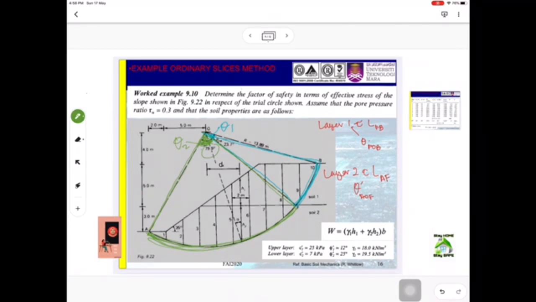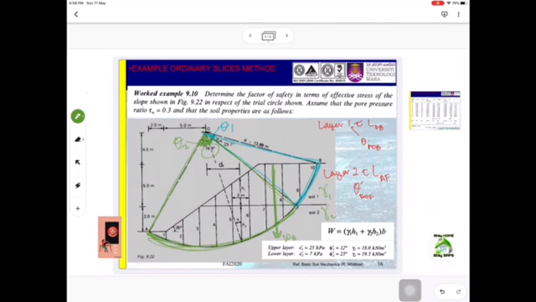Okay, so to get W, because each slice might combine layer 1 and layer 2, W uses unit weight 1 and unit weight 2, because normally we have gamma 1 and gamma 2. So let's say this one, for example, W for slice 8.